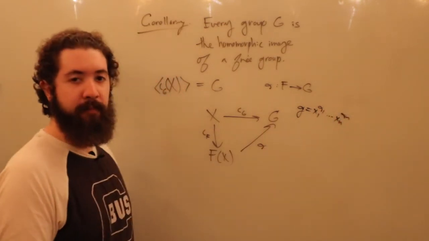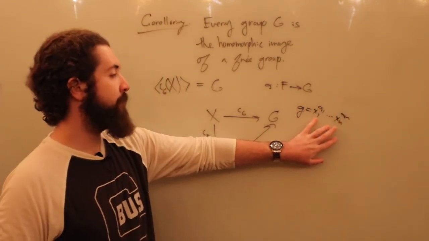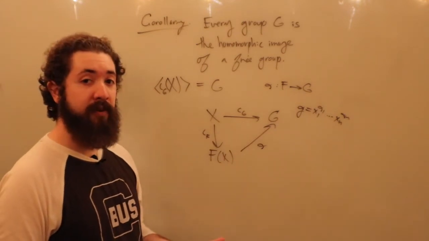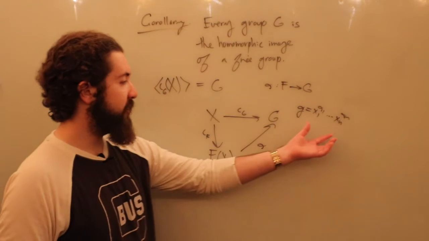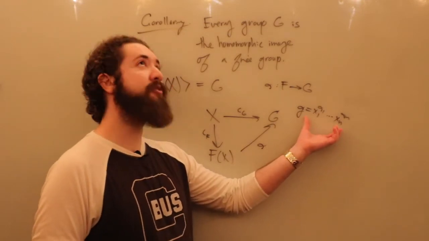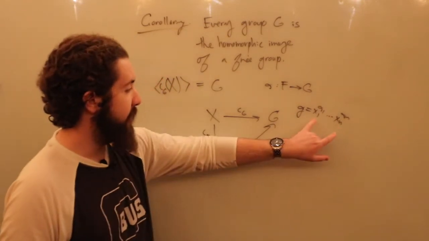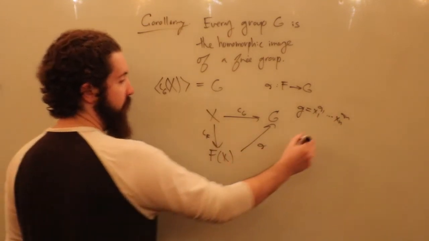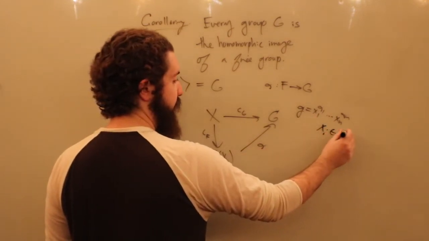These need not be countable, by the way. We could have an infinite number of generators. We can have an uncountable number of generators even. But just for illustrative purposes, I'm writing a finite word here where all these x's are in X, right?